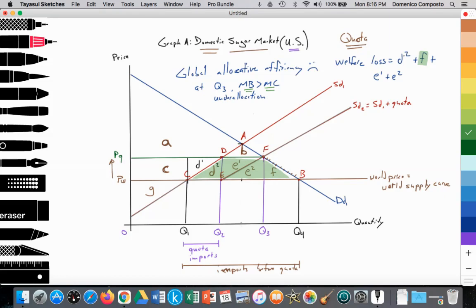Area D represents the increased output by an inefficient sugar producer, which we've seen when we talked about tariffs and production subsidies. And area E is equal to revenue generated by the exporting nation that are exporting at a higher price as a result of the shortage at PQ. So this is additional revenue that's really going out of this country to the exporting nation. So E1 and E2 also equal D1 and D2, representing that revenue.